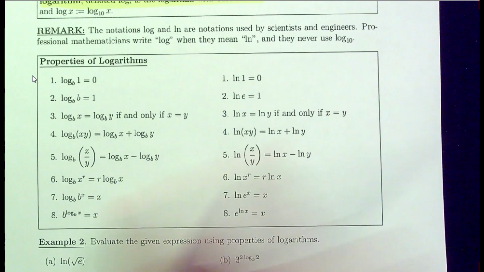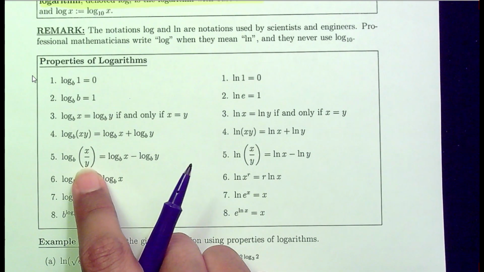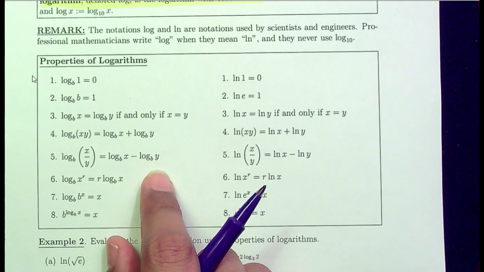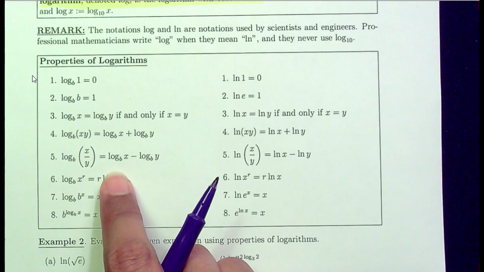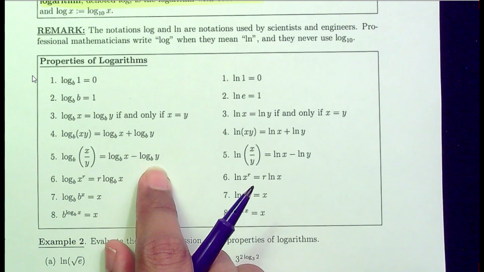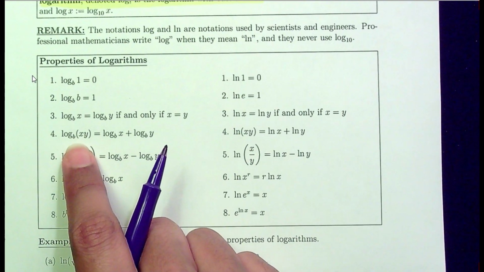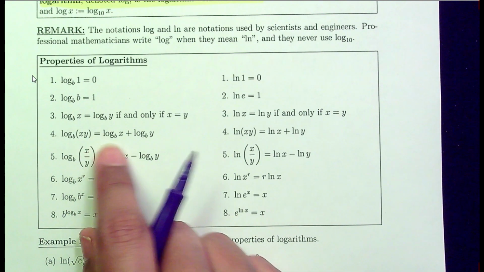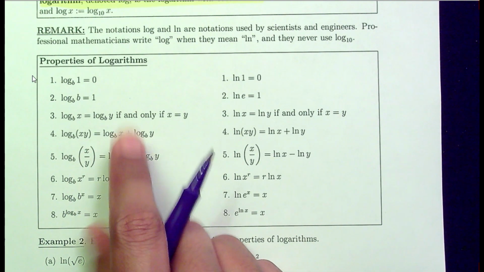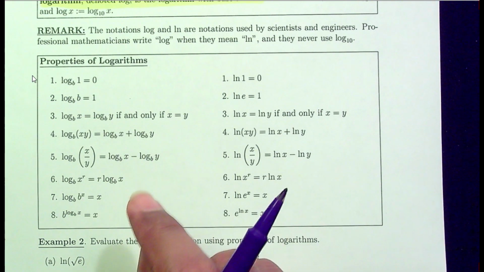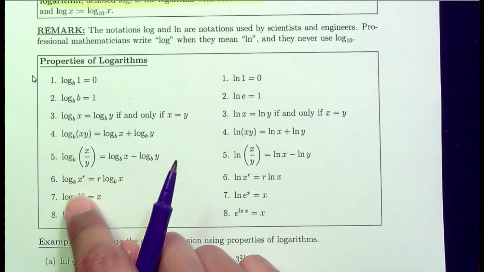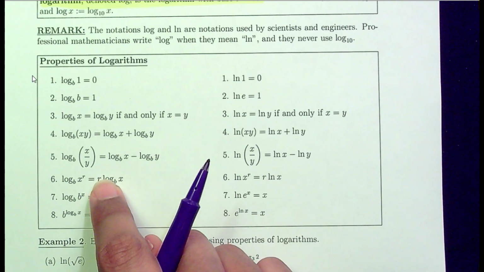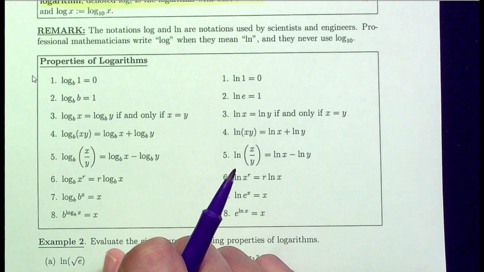So you can split that up into two logarithms, but it's by the difference. Logarithm of x over y equals the logarithm of x minus the logarithm of y. The logarithm of x times y equals the logarithm of x plus, not times, plus the logarithm of y, same base.